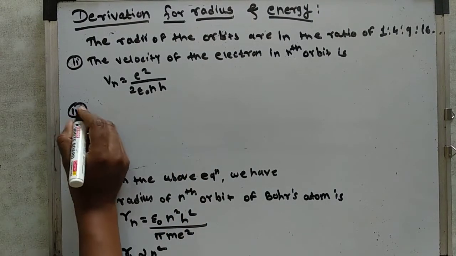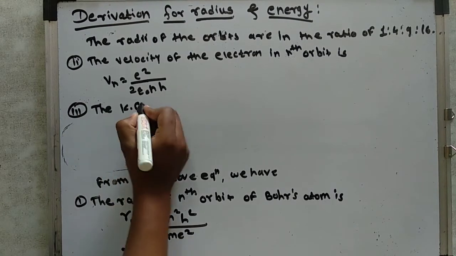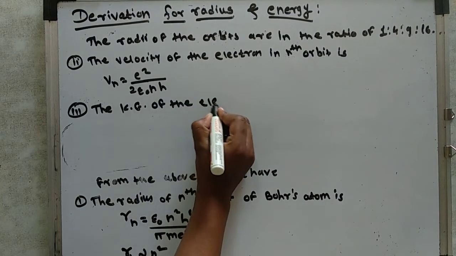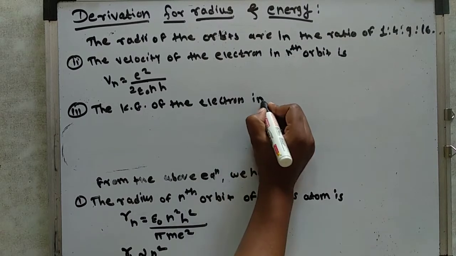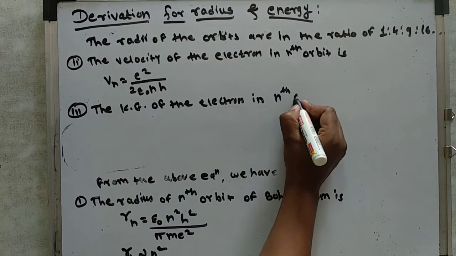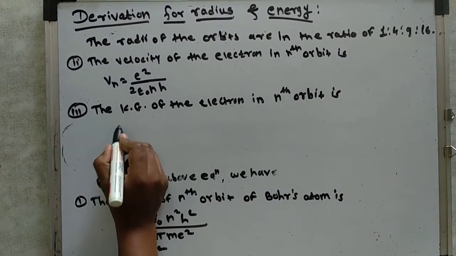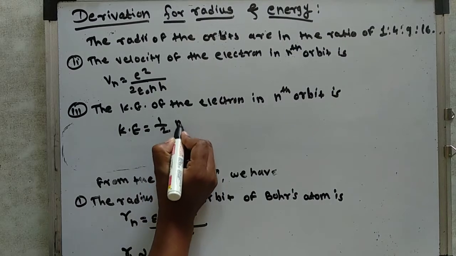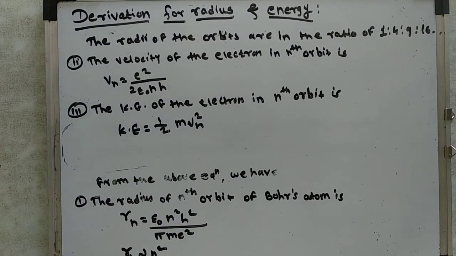Third, the kinetic energy of the electron in nth orbit is kinetic energy is equal to 1/2 m vn square.